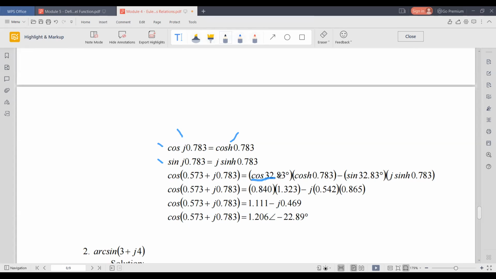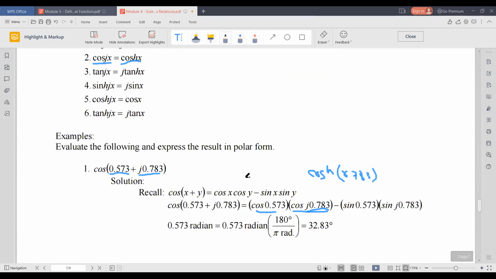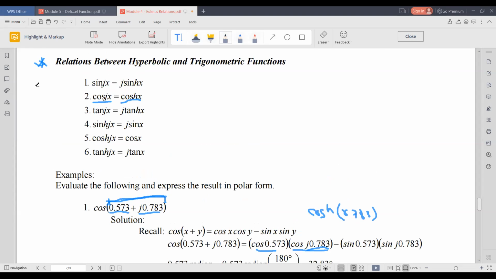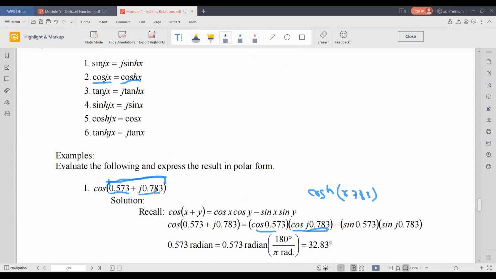So pwede mo na ma-evaluate, that is cosine of 32.83 and then cosine hyperbolic of 0.783. So take note lang na the given rectangular form here, naka-rectangular form kasi siya, di ba? Ito. So you need to evaluate it in degrees para ma-compute mo siya with the use of cosine function. Okay, then dito, you will use the hyperbolic. Dito sa relations between hyperbolic and trigonometric functions.